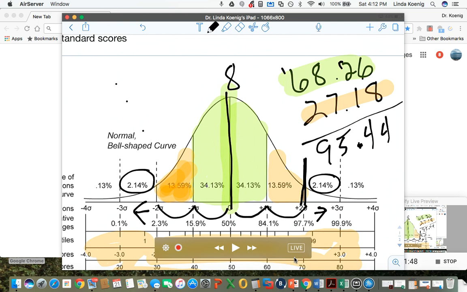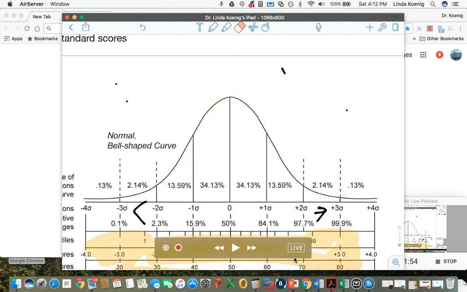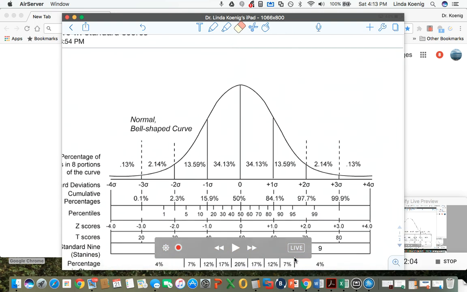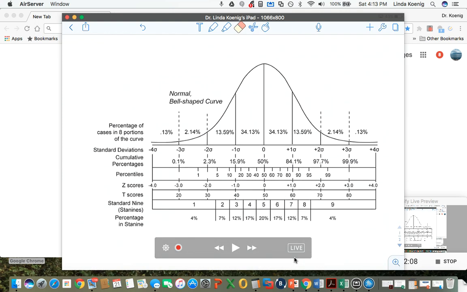Okay, so I'm going to erase this because I now want to talk about standard scores. We're going to talk about that a little bit down below. So I want you to see this. We can use the curve and we can find out where any particular data point lies.